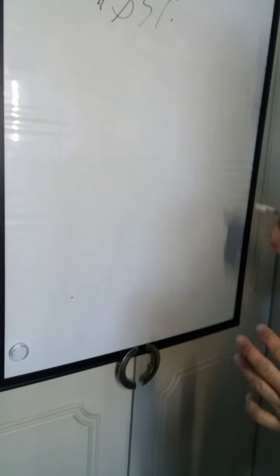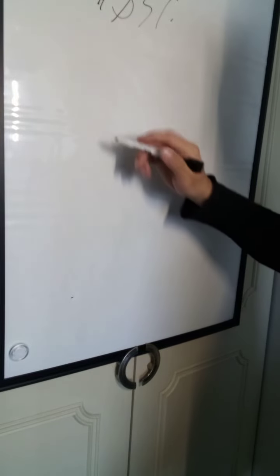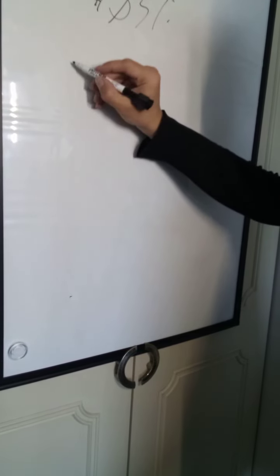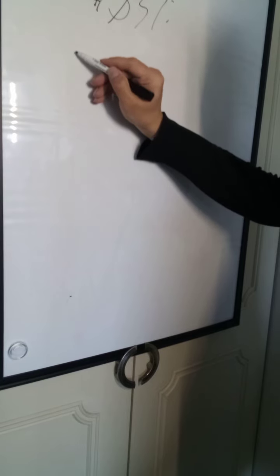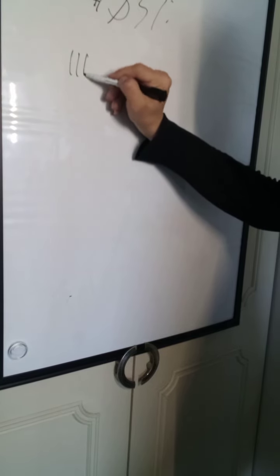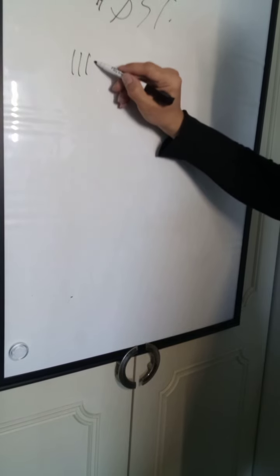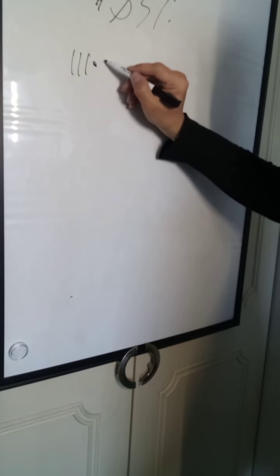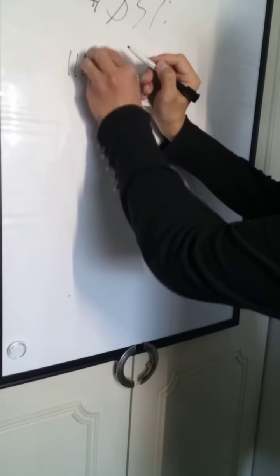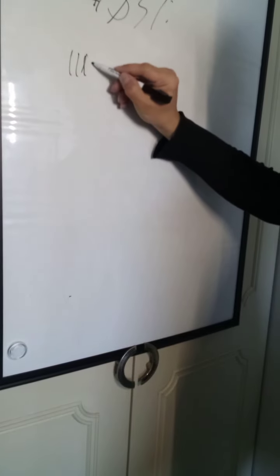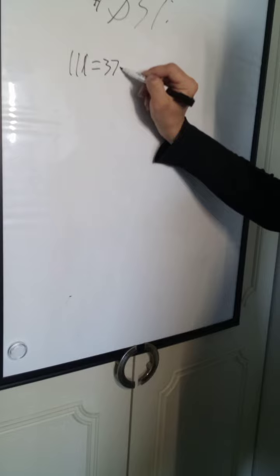So let's see, what if I try doing this in base 12? Well, in base 10, this works because 111 is divisible by 3, it's actually a product of two numbers, 37 times 3.